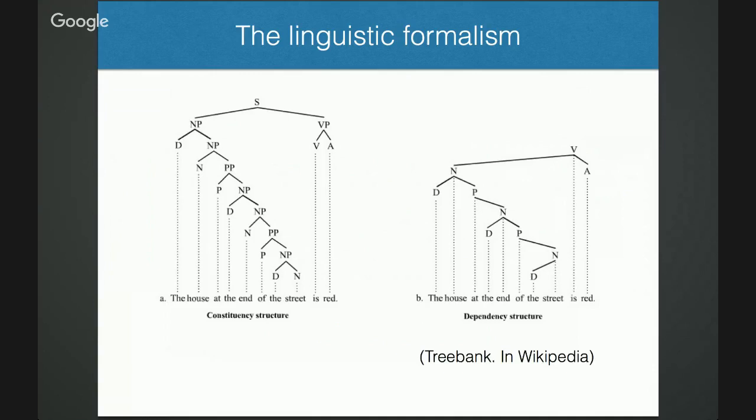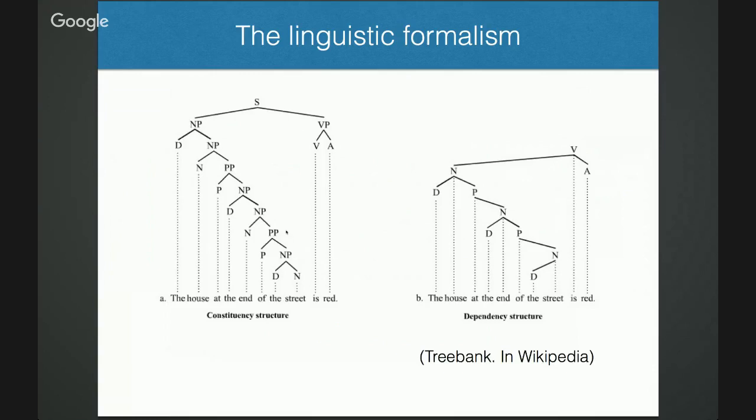I'm not expecting that you can understand everything right now, but the point is, if we take the same sentence, for example, the house at the end of the street is red, as you can see, we can annotate it in a different way.